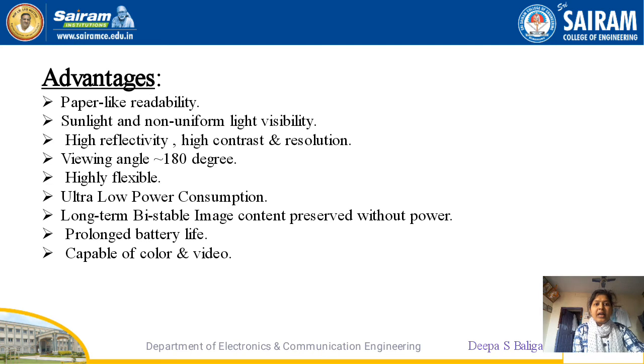Advantages: readability in sunlight and non-uniform light, a 180-degree viewing angle, high flexibility, ultra low power consumption, and a stable image that is retained without power, and it is capable of color and video.